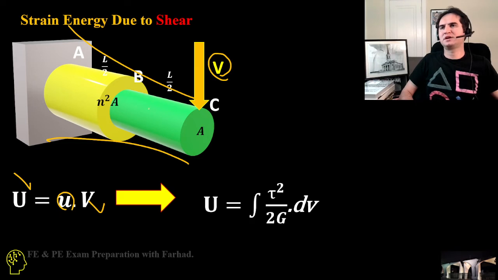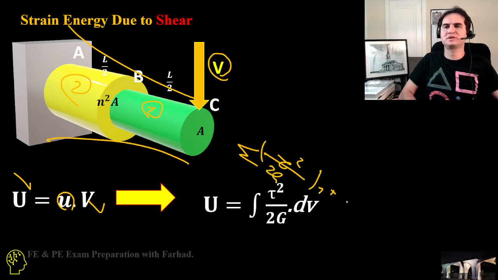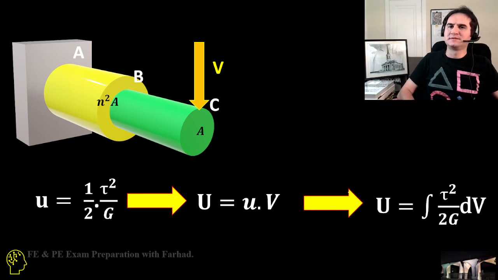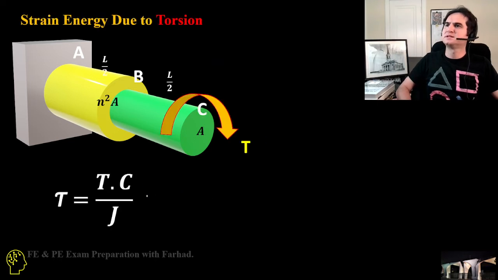And if it's separated parts, you need a summation of tau squared over 2G for the first part plus the others. So again, strain energy due to shear is the integration of tau squared over 2G dV.